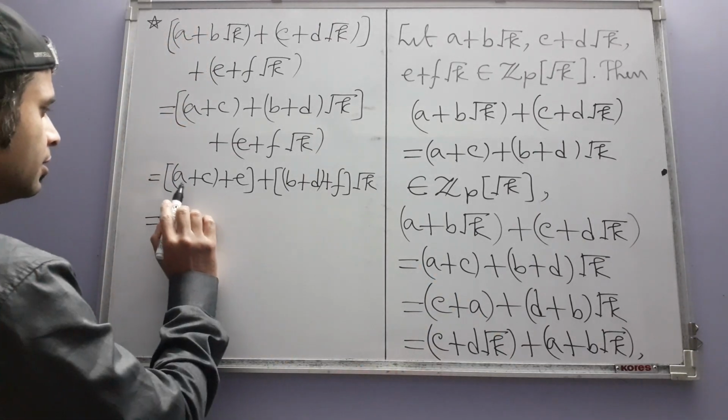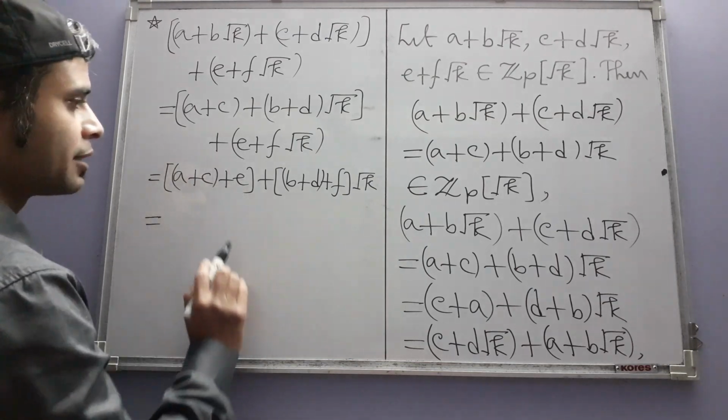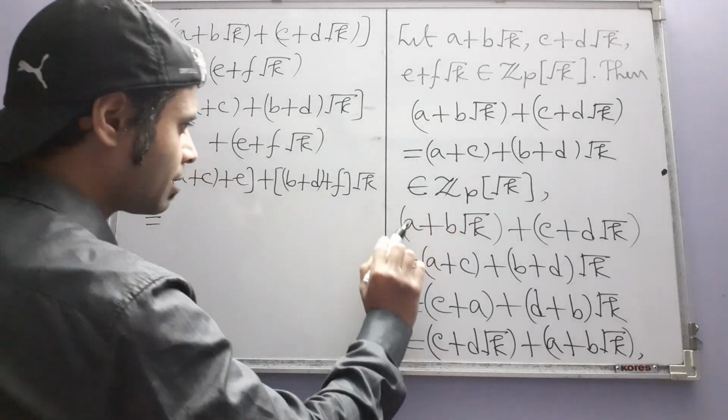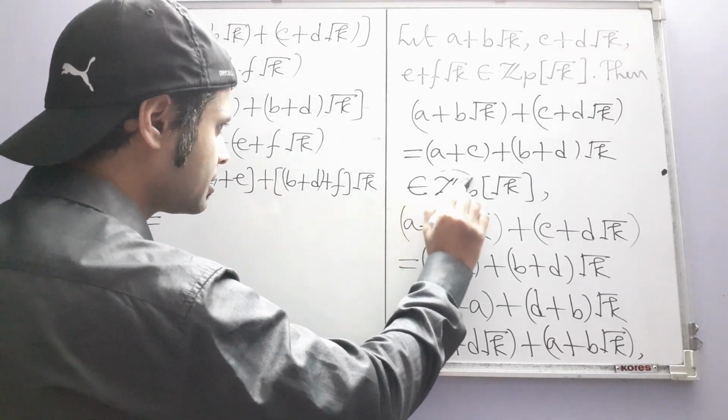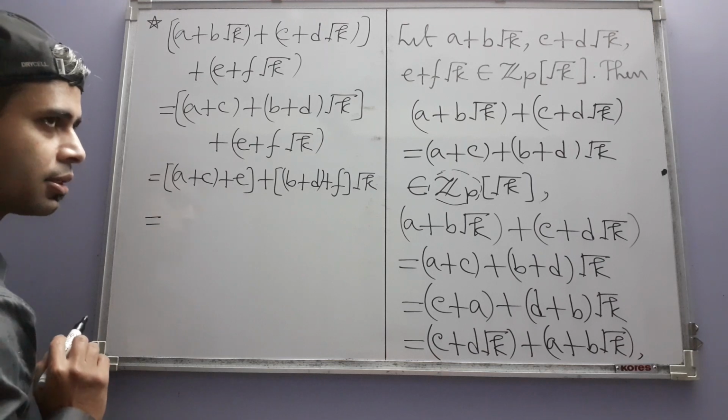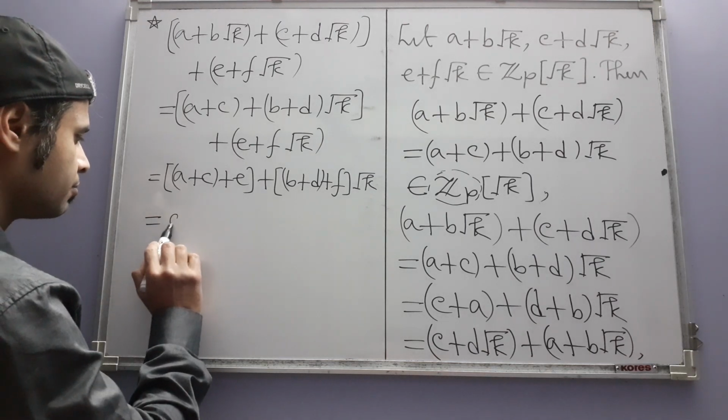That's what we are doing. Now inside we can do whatever we want, because inside these square brackets our calculation is happening in ZP, and we know that here addition is associative.